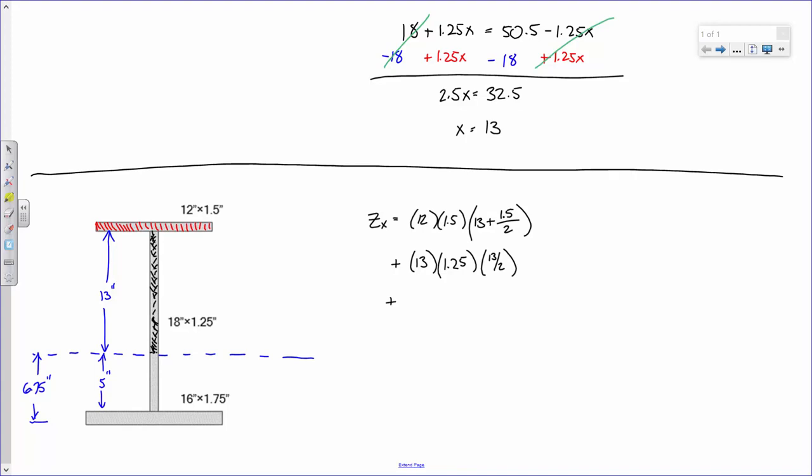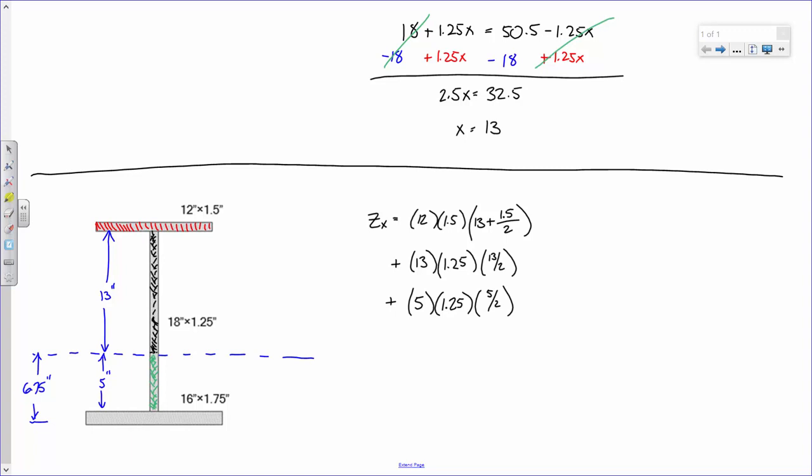Plus, and now let's do this shape. So what's going on here? So this is 5 times 0.25 times what? Say it again. 5/2.